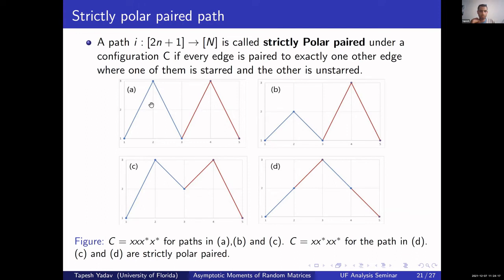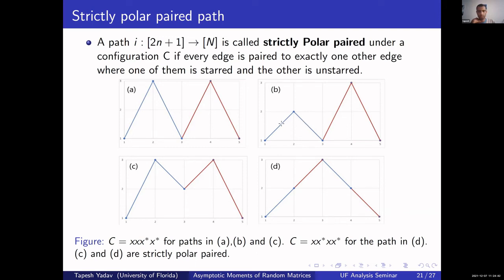So figure A is not a strictly polar paired path, and the reason is that the pairing is not strict. Every edge is paired to 3 other edges. We want exactly one other edge which appears, and that's a strict requirement. In B, we do have strict pairing happening.